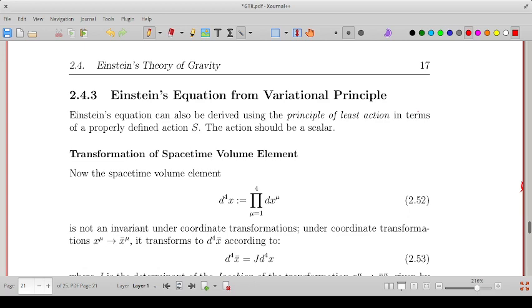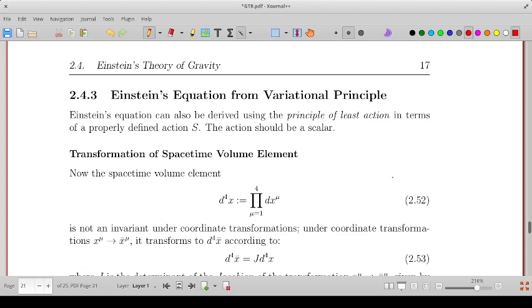First of all, we note that the action involved should be a scalar quantity, so that the action will be the same for all observers. Further, we also need to think about the dynamical variables here.